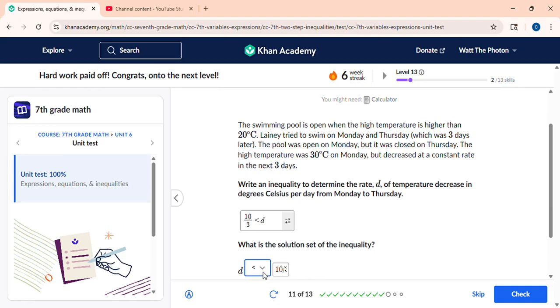There has to be the other way. So if it is at 10 over 3, greater than or equal to 10 over 3.